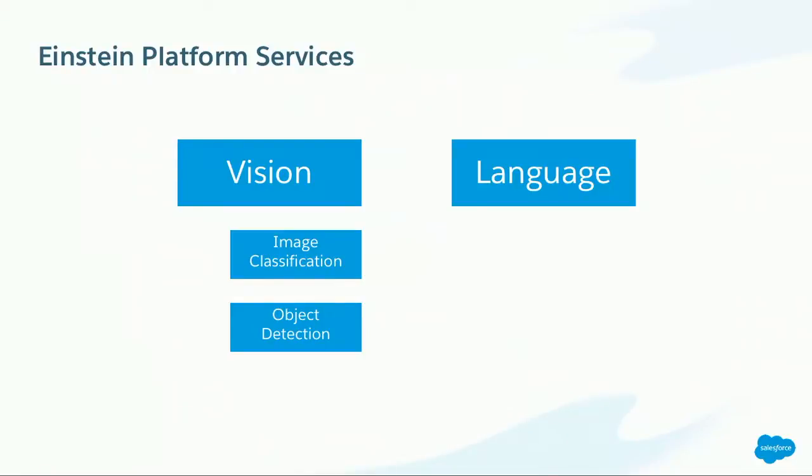You train Einstein Platform Services with a specific set of data, a category of images, and it can then automatically apply this pattern to images it has never seen before. Object detection is something that we released quite recently. As beta currently, everyone can use that, and it allows you to detect a pattern of an object within an image.